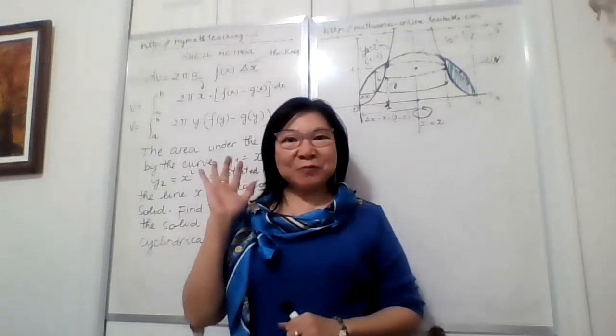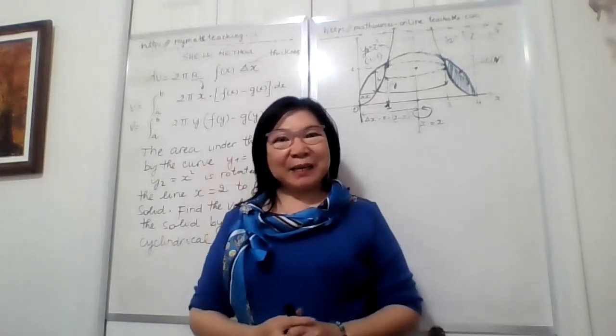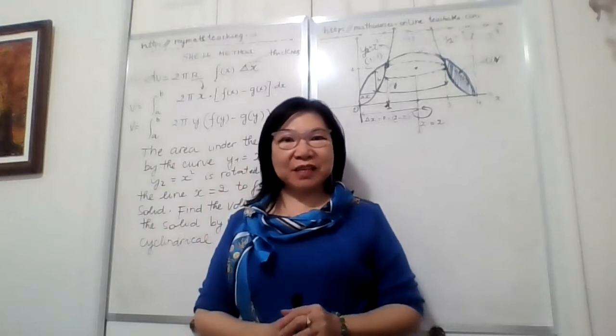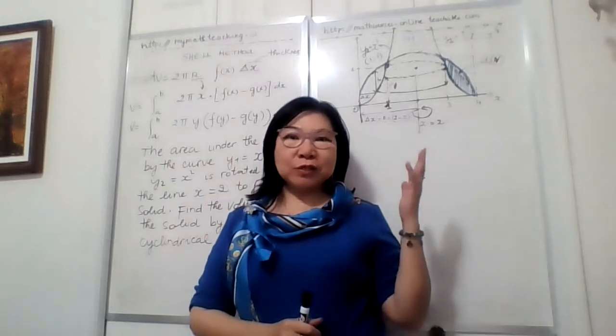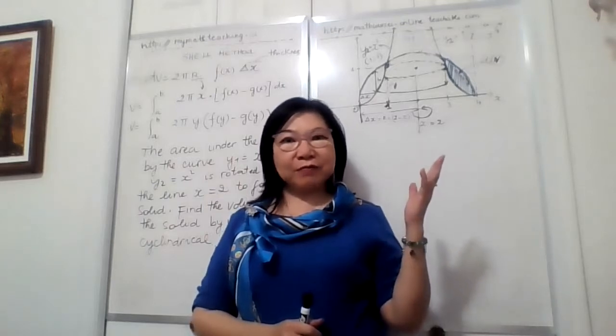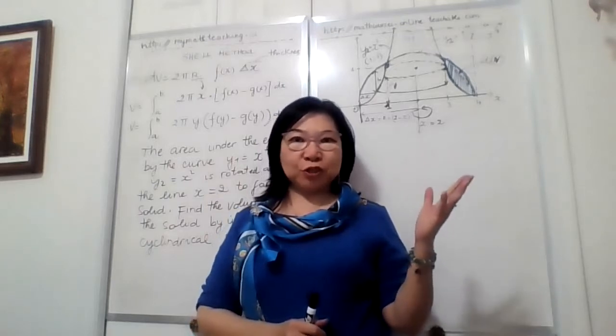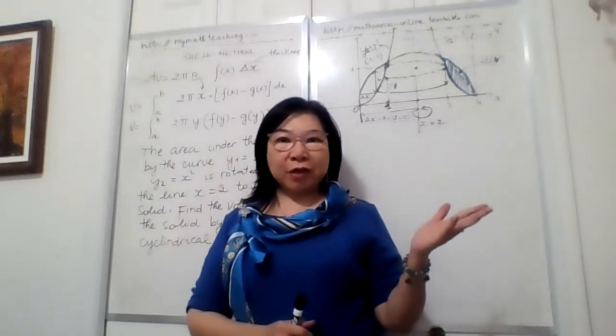Hi everyone, welcome back. In this video, I will follow up with the previous video. I was talking about the volume of a solid of revolution using the shell method.